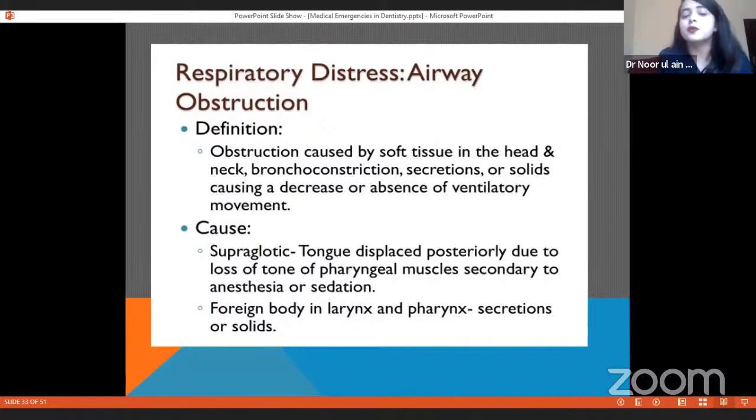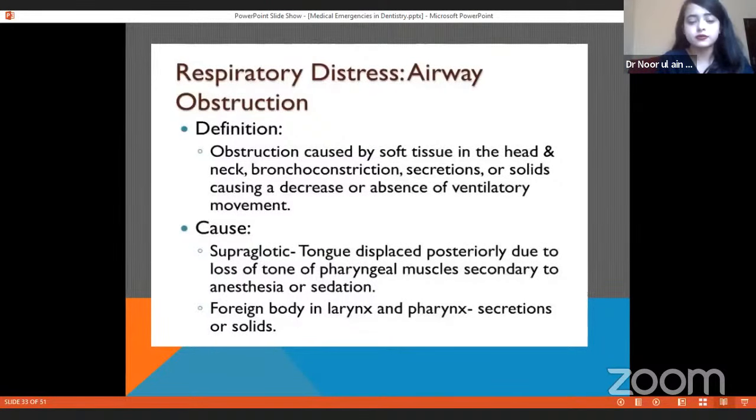So there are different causes. Anesthesia or sedation is the first cause, and then loss of tone of pharyngeal muscles is the other cause. Foreign body in larynx and pharynx, that is secretions or solids.